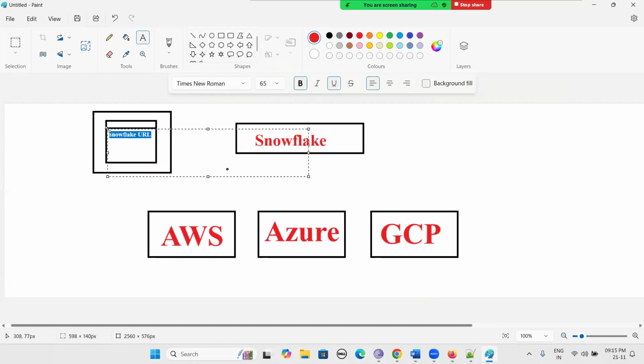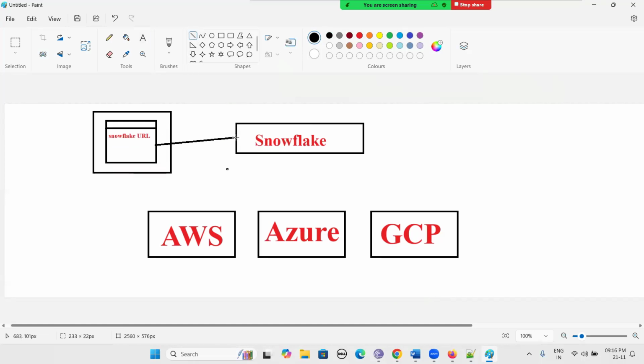We use the Snowflake URL. Then we will connect to the Snowflake data warehouse. So here we connect to Snowflake, and while creating an account in Snowflake, we choose any one of the cloud options.